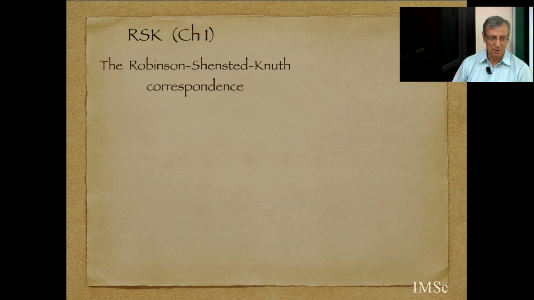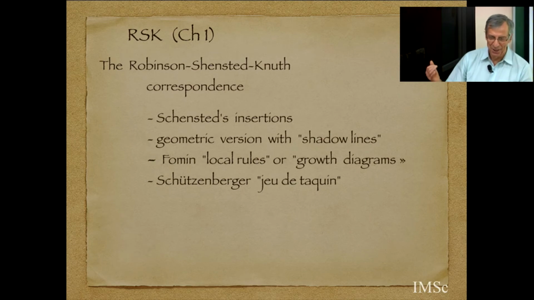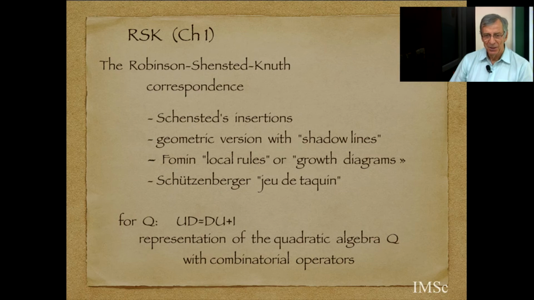So this will be probably the first 3 lectures, reminding you of the classical RSK and putting this RSK under the framework of this philosophy of cellular ansatz rewriting rule. All this is classical, and there is a way to define RSK by starting from this quadratic algebra.